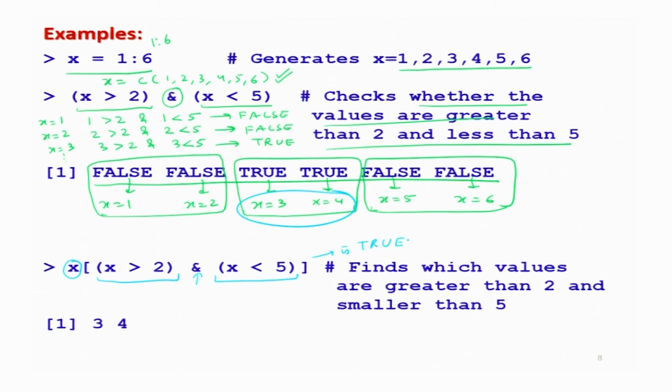Okay, I repeat it once again, for the sake of understanding, try to look at my pen. I consider the data vector x, and I want to find out what are the values in this x for which the condition x greater than 2 and the condition x smaller than 5 is true.